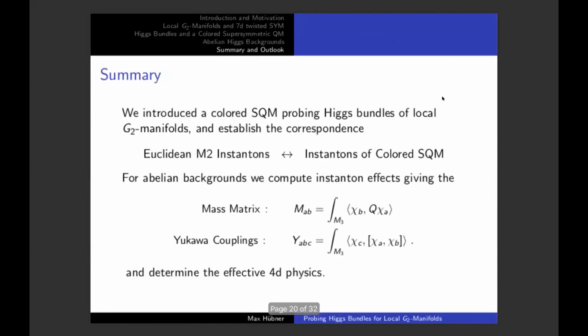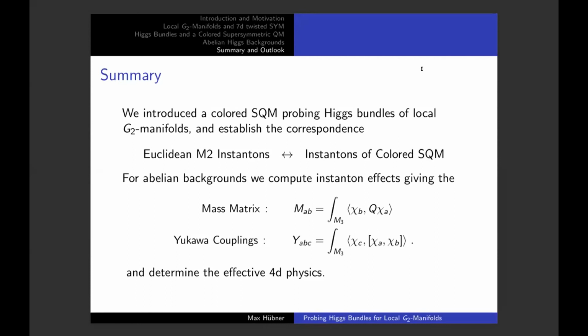So I'm closing in on my time, so let me give you a summary of this talk and the results of my paper. In my paper, I introduce a colored supersymmetric quantum mechanics, which can be used to probe these Higgs bundles, which describe and descend from local G2 manifolds. This quantum mechanics contains all the information of the compactification of the 7-dimensional super Yang-Mills theory.